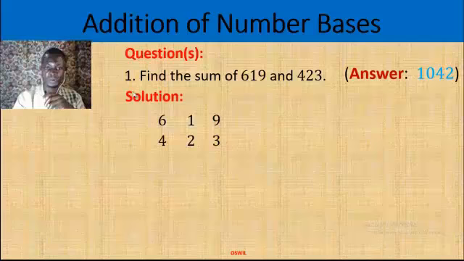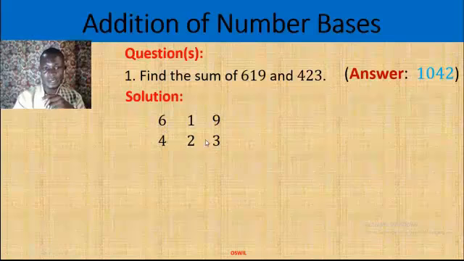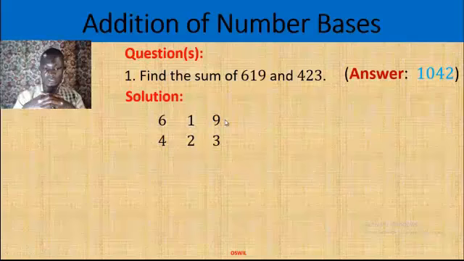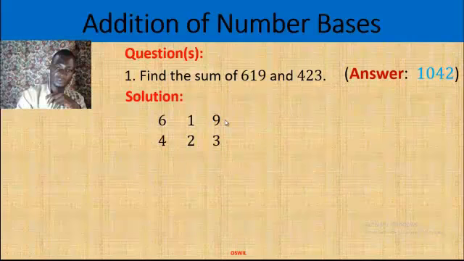After writing 619, you see that I have written 423 in such a way that each of its digits is under one digit of the numeral 619. They all have 3 digits, so this is simple.